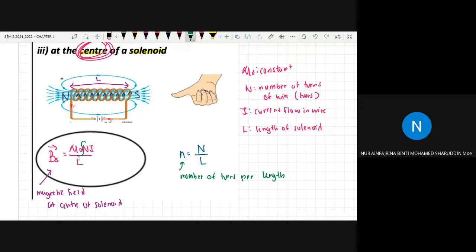Nampak tak ni? Ini akan bersamaan dengan N. So another formula dia adalah mu naught n I. Kita panggil dia number of turns per length.